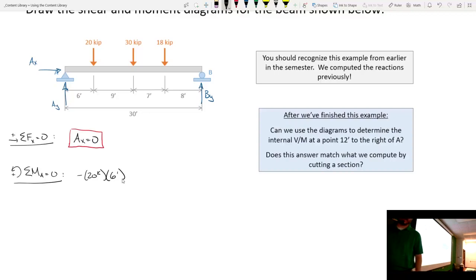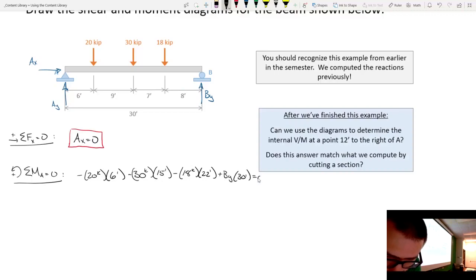The BY times 30 is going to be positive. So minus 30 times 15, I think that's 450. Minus 18 times 22.